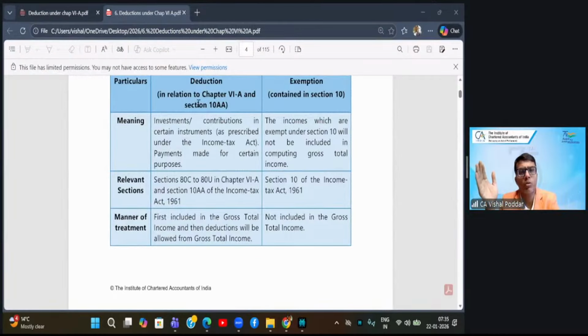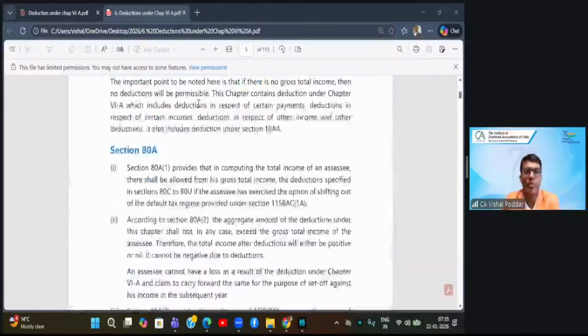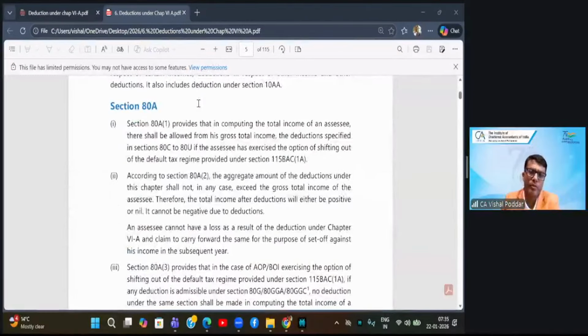Whereas all those incomes which are covered in Section 10 have exemption right from the start, because that is what Section 10 is. So let us be clear: 10AA, even though the section number appears to be 10, is 10AA. So it is not exemption, it is deduction, and hence we will be studying it after we complete all deductions of Section 80, which is under Chapter 6A.